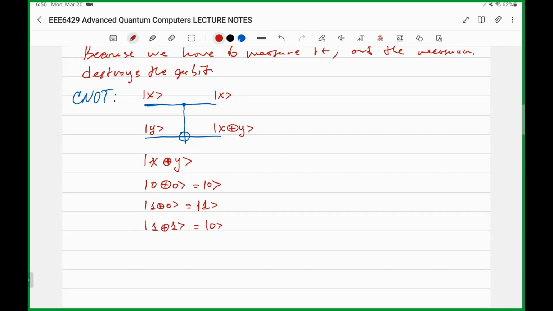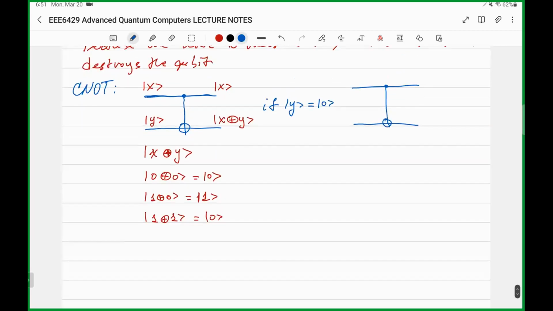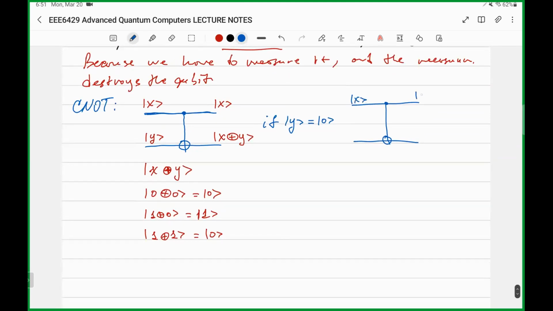So now let's consider a particular case when my y, the state of the target, is the 0 state. In this case, my circuit is this state x here, the output is x. And then I have this 0 here. And what I will get in the output of the target qubit will be x, right?